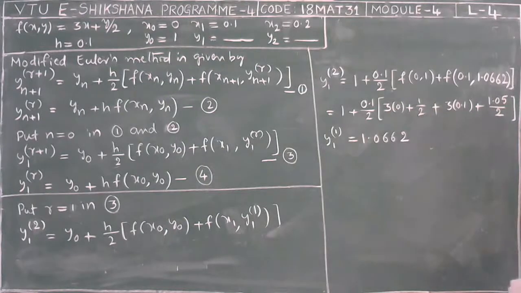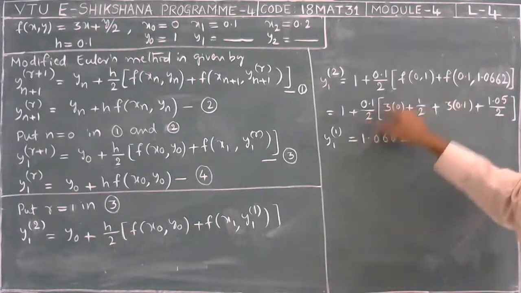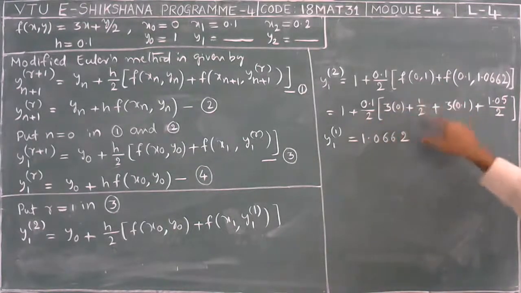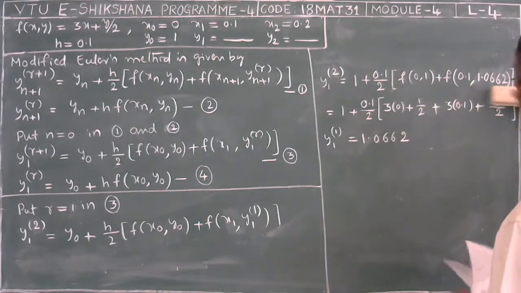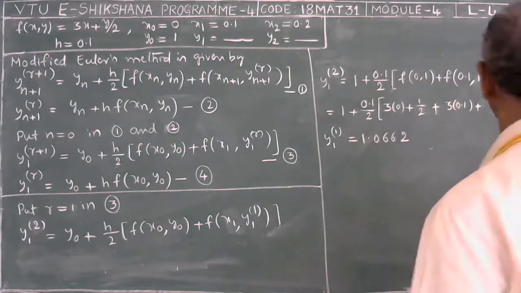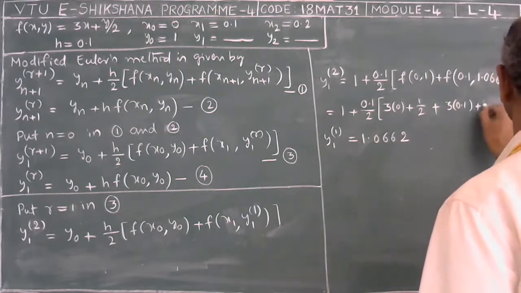Okay, let me apply the definition for this one. Everything same: 3 into 0, plus 1 by 2, plus 3 into 0.1, plus 1.0662 divided by 2.